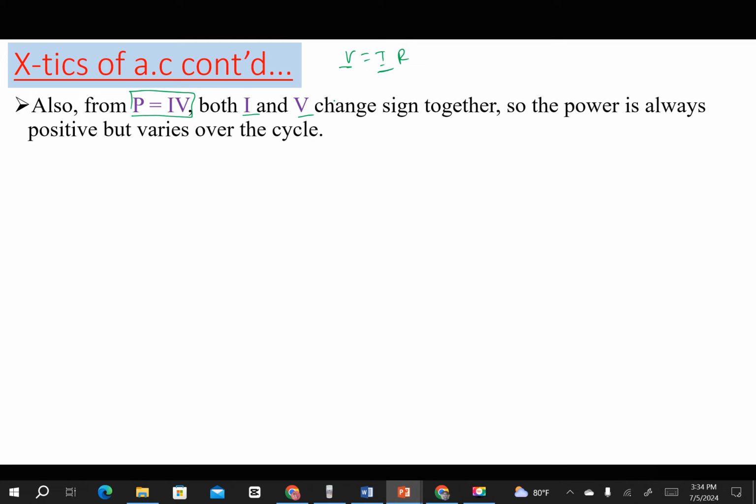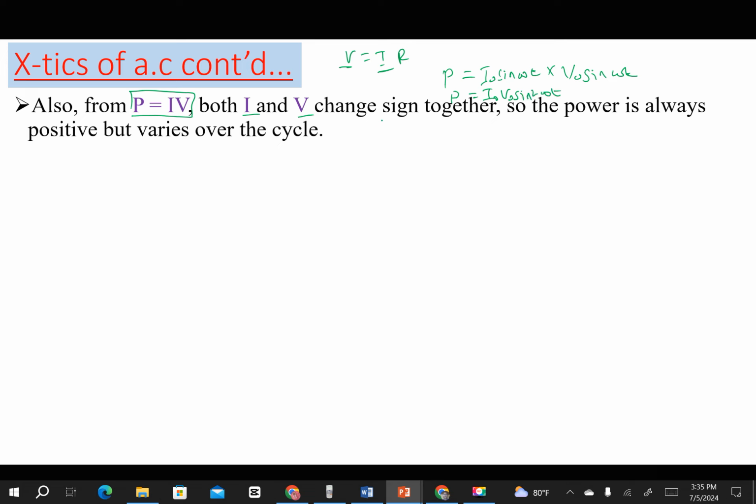So if I substitute these two into the equation, for example, power equals I times V. For I, I'm going to put the equation for alternating current, which is I naught sine omega t, times V. The equation for alternating voltage is V naught sine omega t, which means the power is going to be I naught V naught sine squared omega t.